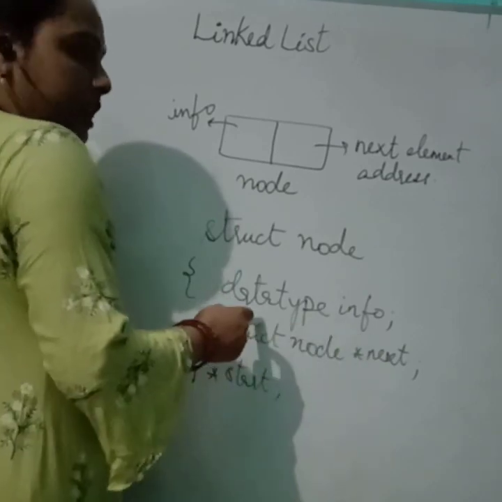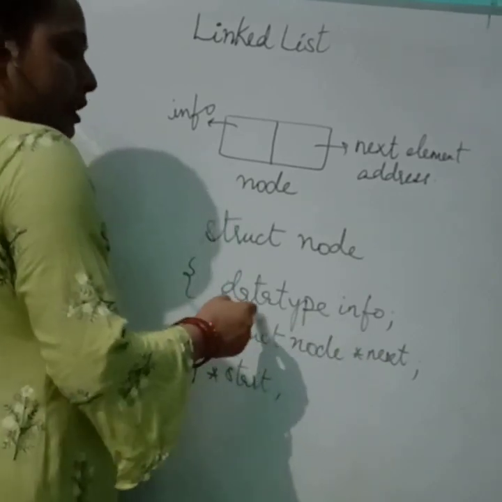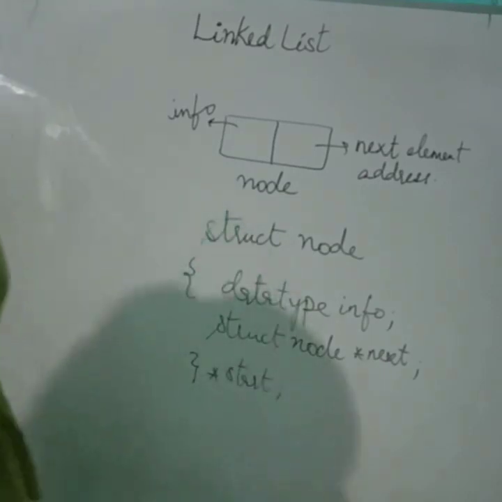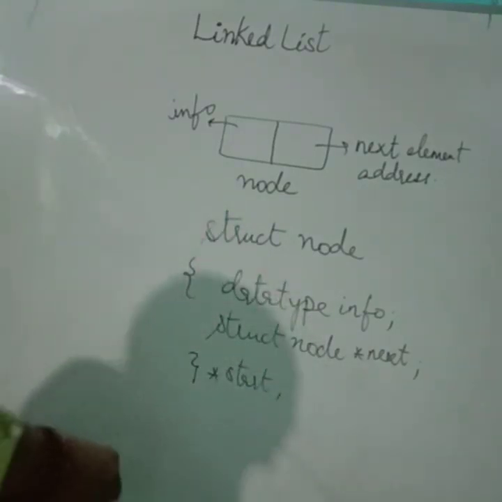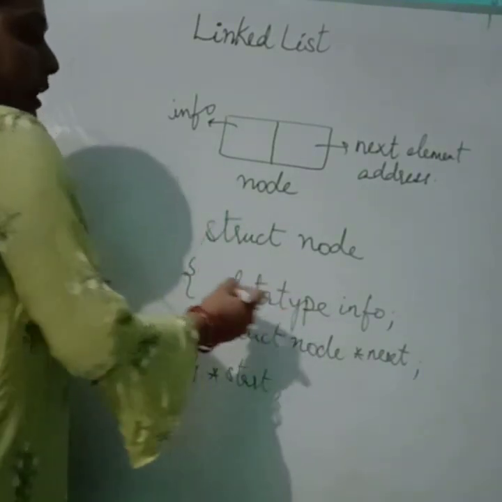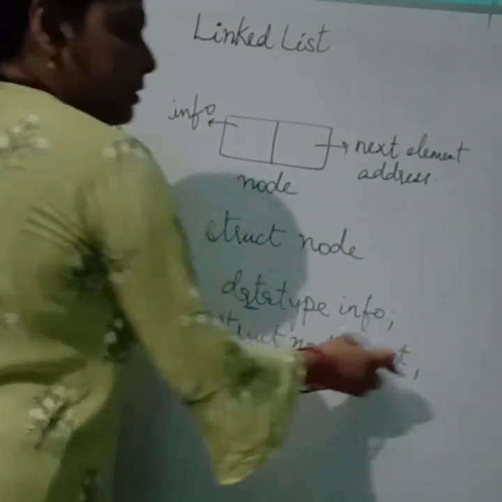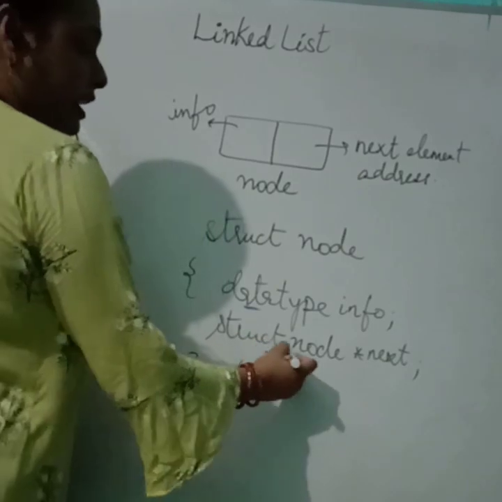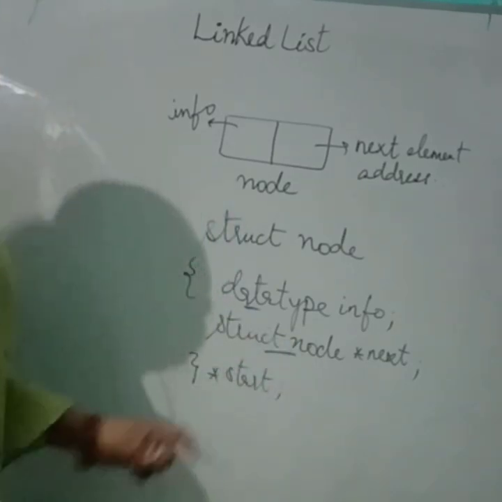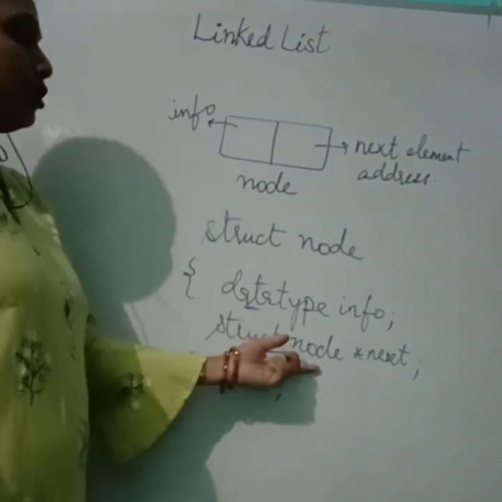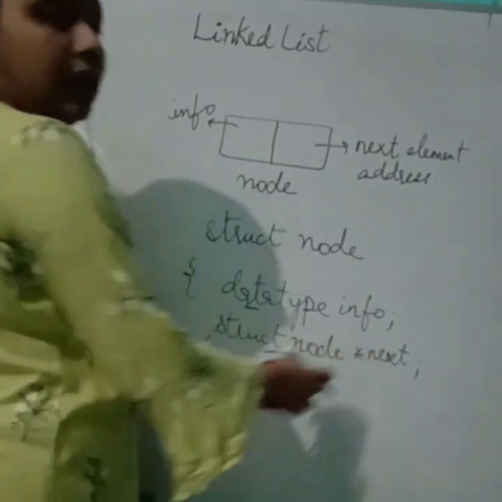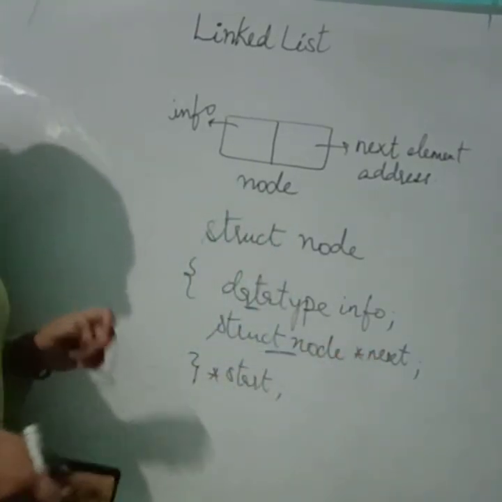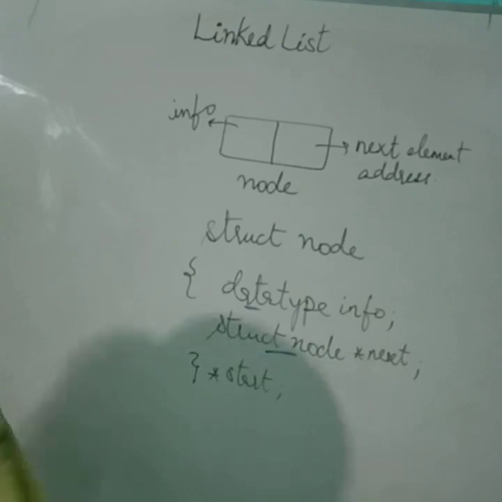Means if we want integer type of data, we will write here integer. Char type of data, we will write here char, or whatever data you want to store, you can write here. And the next field will hold the address of next node. That is why we are defining the data type as struct node, so that it will hold the address of the node. Now, one by one, we will discuss the types of linked list.